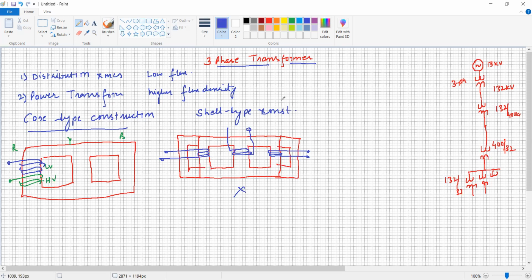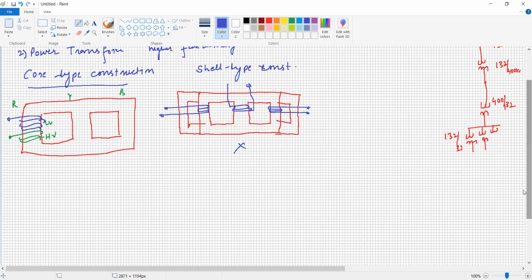Next, a very important point in the distribution transformer or a power transformer. Suppose we take the top view of this winding. So this is one top view of this winding. This is a second limb or core, and this is the third core.